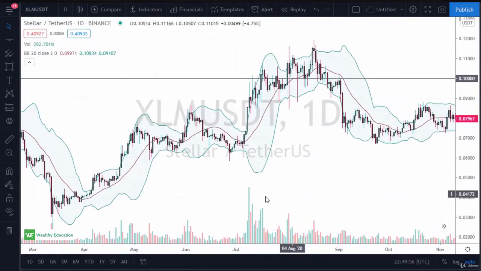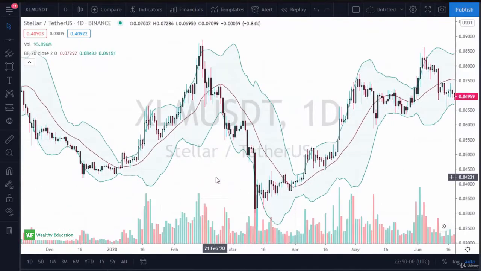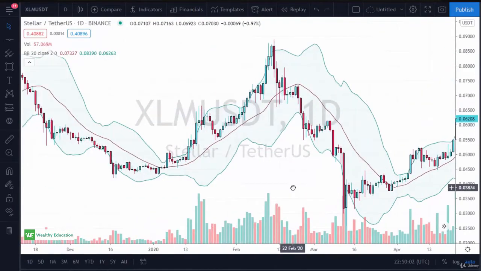So, as we go down into the past here is an interesting setup. Massive volume breaks through the Bollinger Band, and then we form this big red candlestick, wiping this candlestick out, essentially turning it into a hanging man. That's not the perfect hanging man, but tells you the same story.